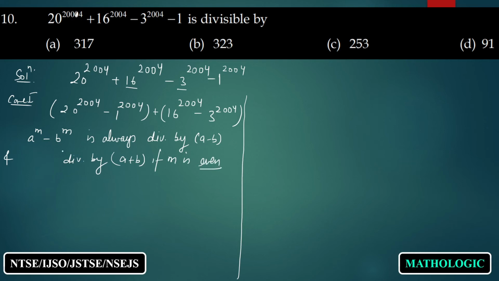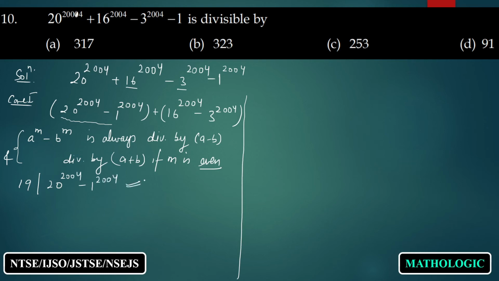If m is even, then it will also be divisible by a plus b, right? We are going to use these two results to find by which number this expression will be divisible. Consider this expression as a to the power m minus b to the power m. It will be divisible by a minus b, which means 20 minus 1. So we can say 19 divides 20 to the power 2004 minus 1 to the power 2004, correct?